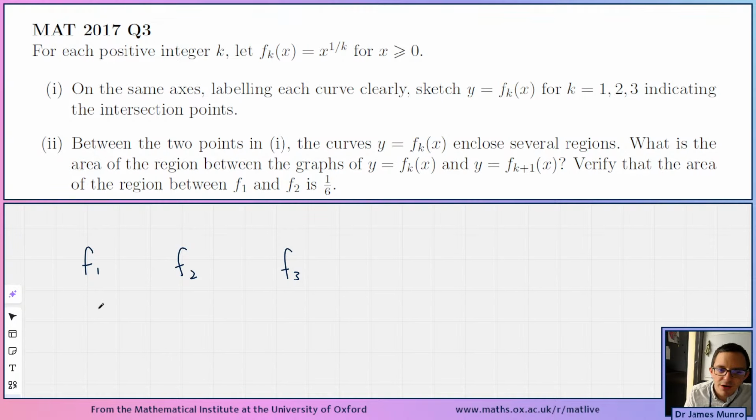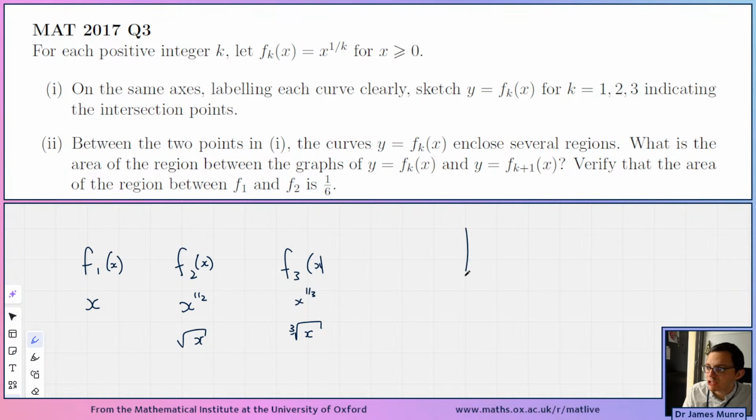But if you prefer, you could think about the values these take when you give them a value x, which is, in the first case, x to the 1 over 1, which I'm not going to write down, x to the 1 over 2, and x to the 1 over 3, which you might prefer to write as square root of x and cube root of x, to help yourself feel familiar about the things we're being asked to sketch.